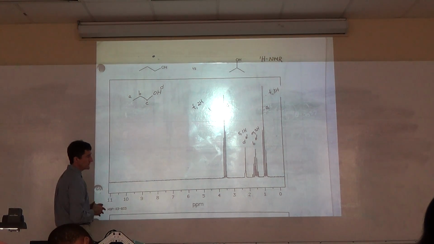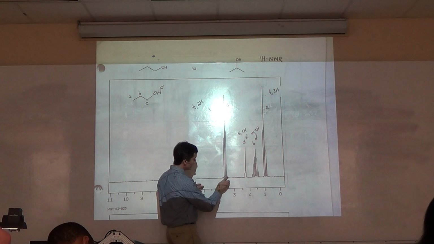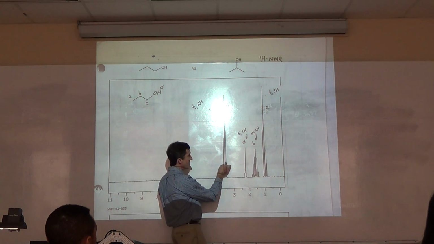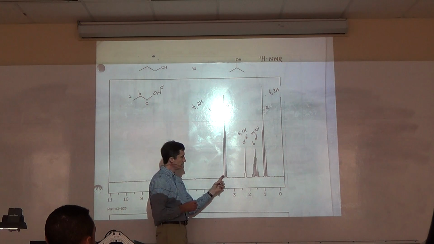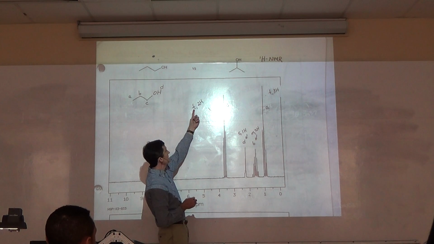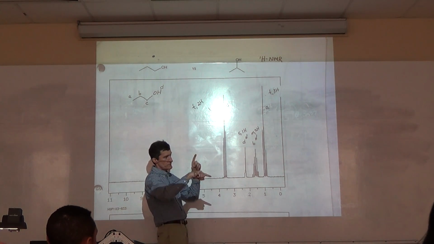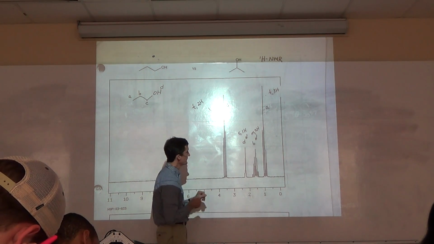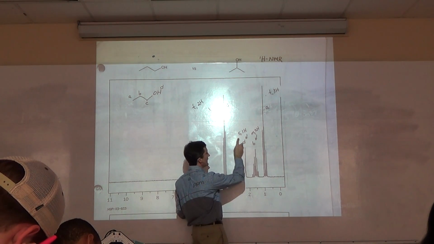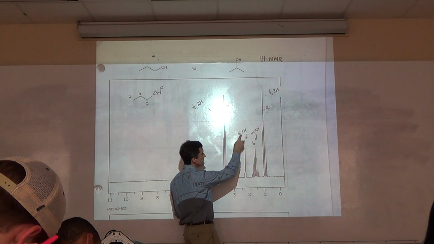Now, the next thing we want to get across is, well, this signal, that's one signal, but it has 3 lines. We're going to eventually call these a triplet. And that's my T. It's supposed to be sort of curved at the bottom, so it won't look like a plus. It's a T for triplet. This is a singlet, it's 1 line.